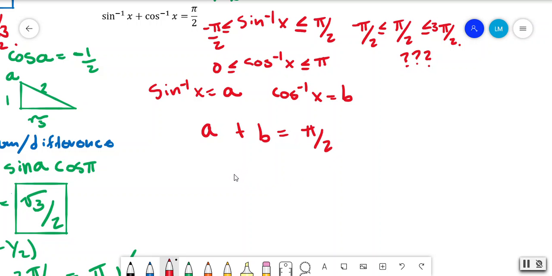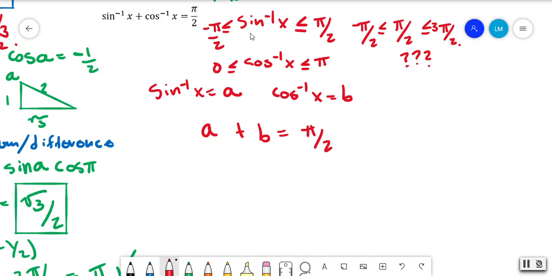So I have two angles which must add up to pi over 2. But the only way for that to happen is if both are acute angles, which, if you look at the definition of sine inverse of x from negative pi over 2 to pi over 2, in some way they are going to be acute angles no matter what.